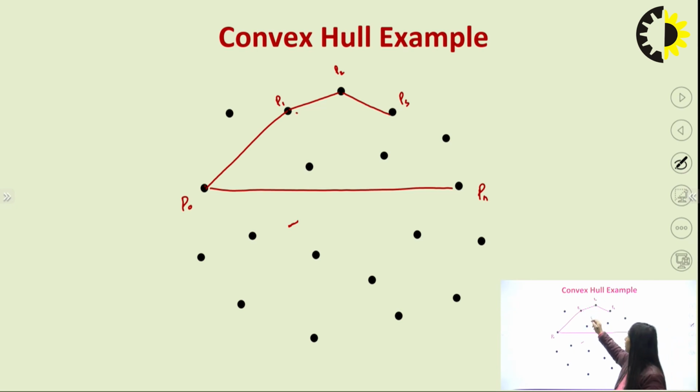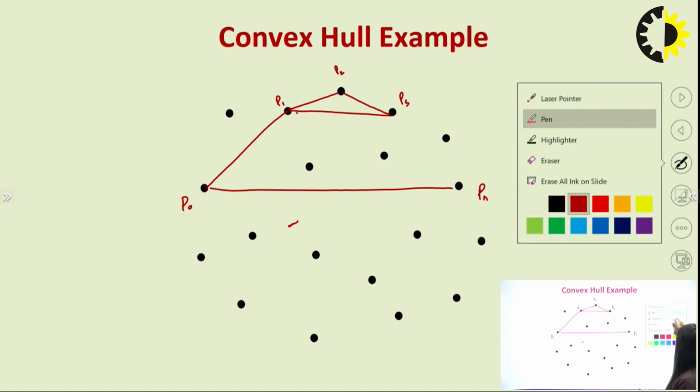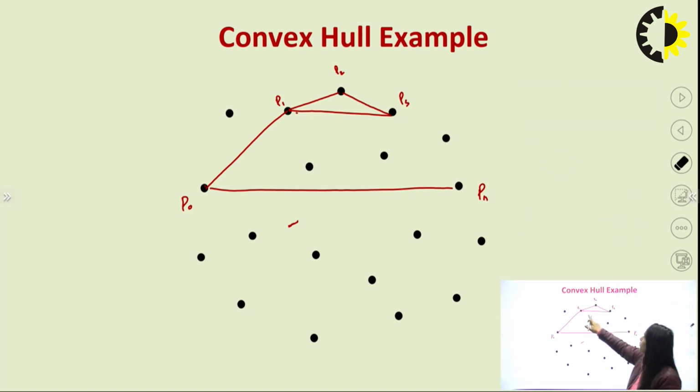So I just make a simple line. Whenever this condition occurs, I just make a single line between P1 and P3. I remove this part and this part. This makes a polygon here.